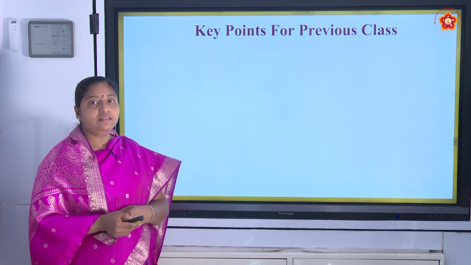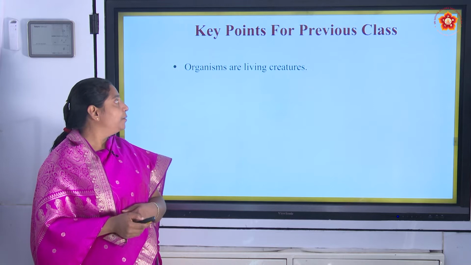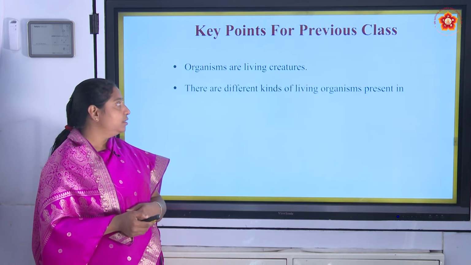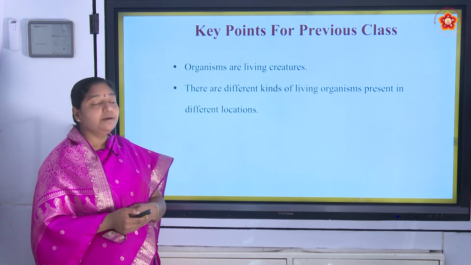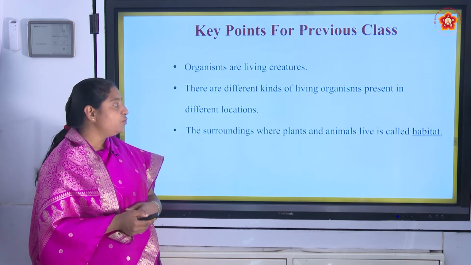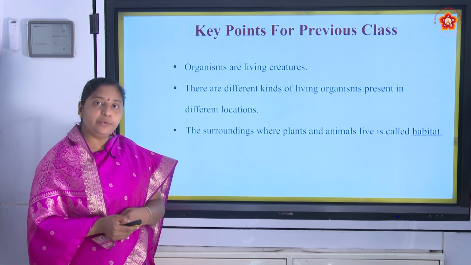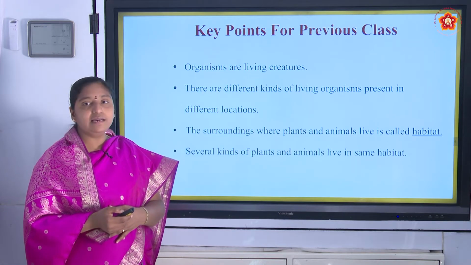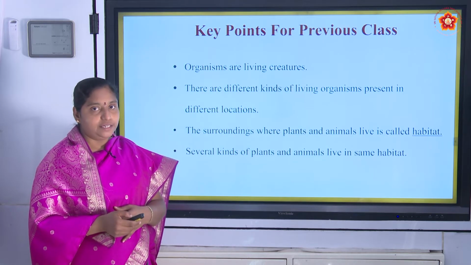Now we will see the key points of the previous class. Organisms are living creatures. There are different kinds of living organisms present in different locations. The surroundings where plants and animals live is called habitat. Several kinds of plants and animals live in the same habitat.